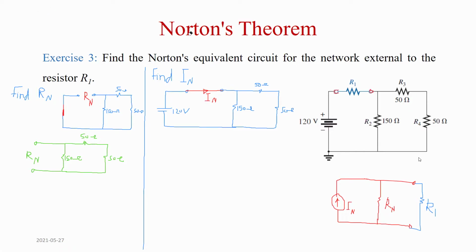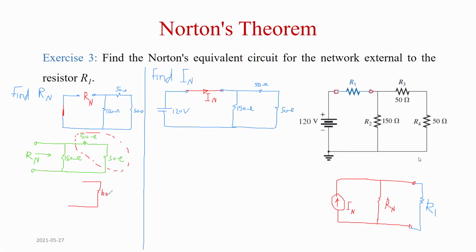Now I need to find the total resistance between these 2 points. Now 50 and 50, they're connected in series. You can see they're in one single branch. So I can combine them into one resistor, which is going to be 100 ohm.